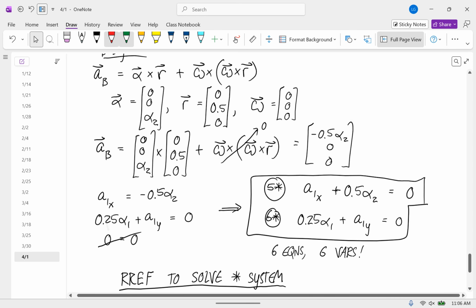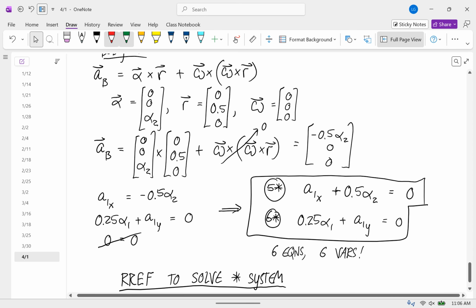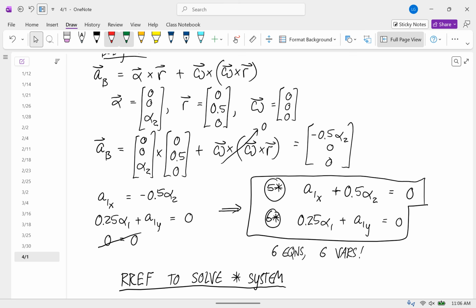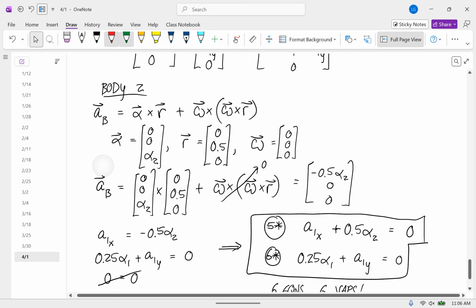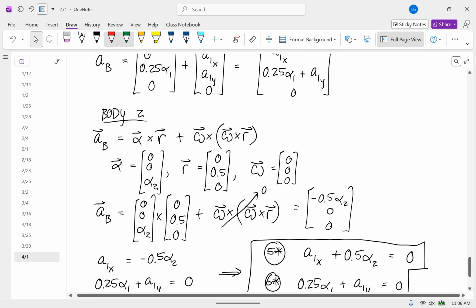The A that we just got from doing this equation, is it A2x? This is A1 for the first body? Well, there was no A at all in the second one because it had the fixed point.